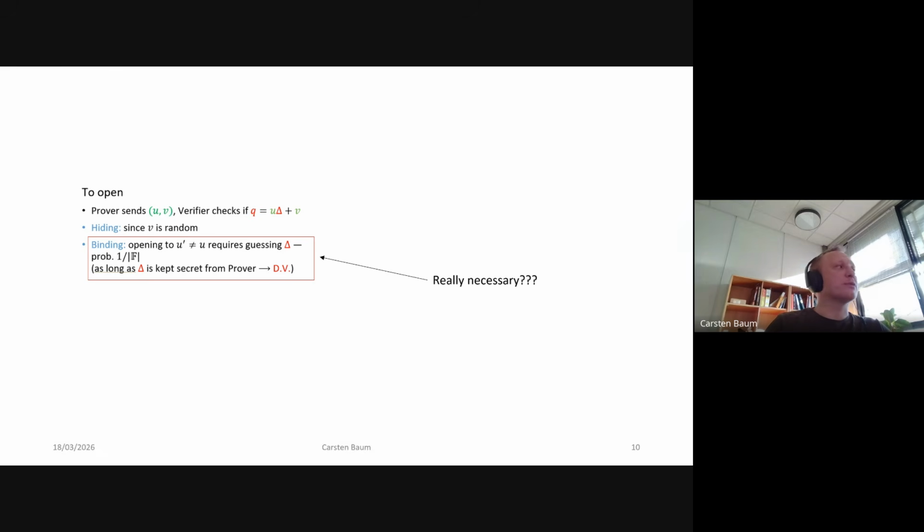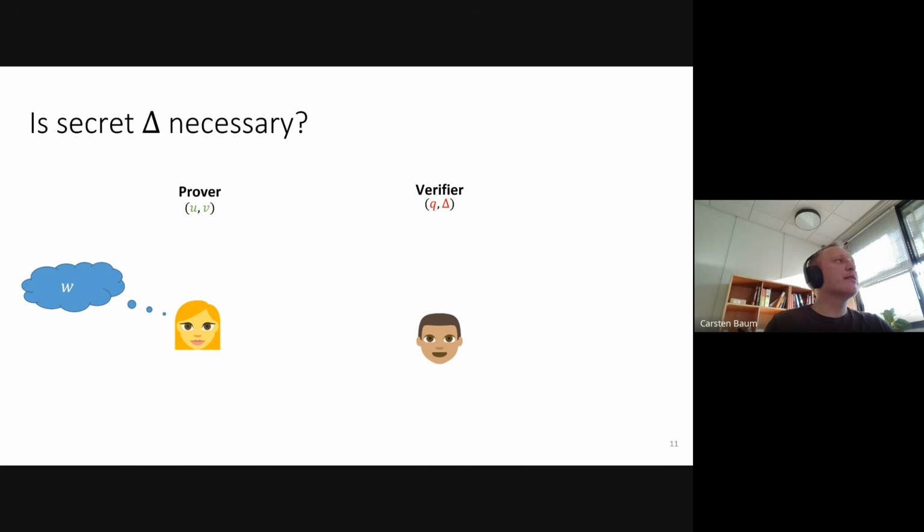We want to just be able to send a proof to somebody else, and then they verify it, and they don't need a secret state for that, because otherwise proofs will not be so sound if the prover ever gets the secret state of the verifier. So how can we get rid of this? And this was actually something that we looked into in 2023, and we came to the following conclusion.